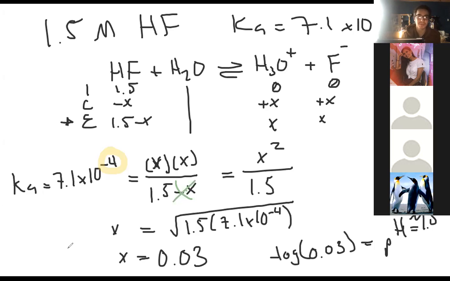So once we're done with the problem, we'll go ahead and do the check in our head. We know it's going to become more acidic, so 1.5 makes sense. We know it's a weak acid, so it's not going to be something crazy like 0 point something.